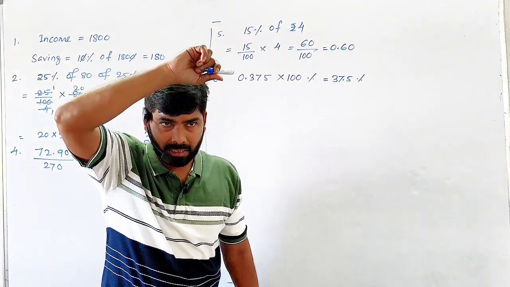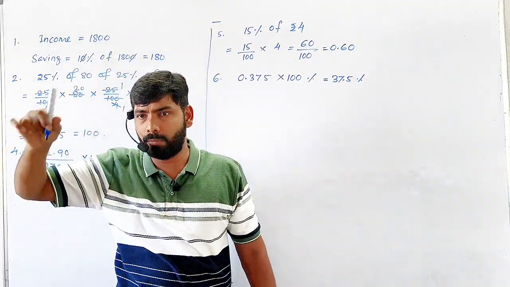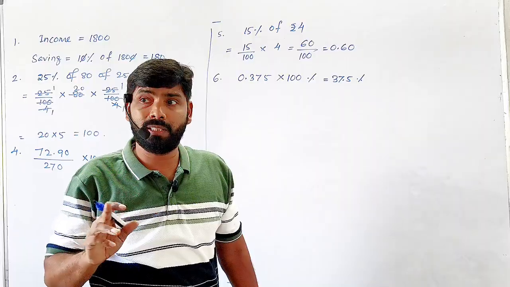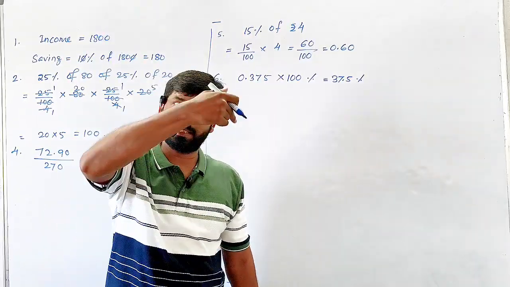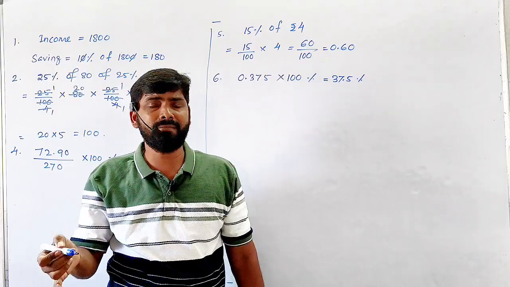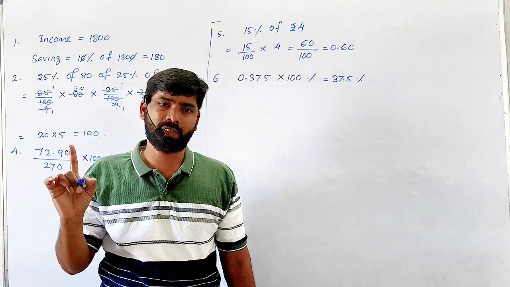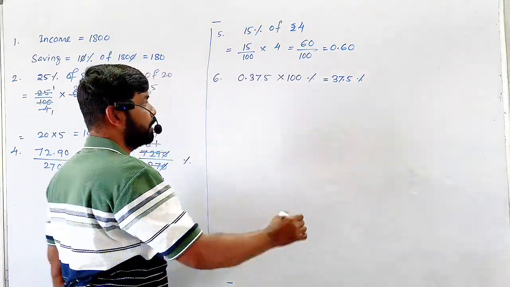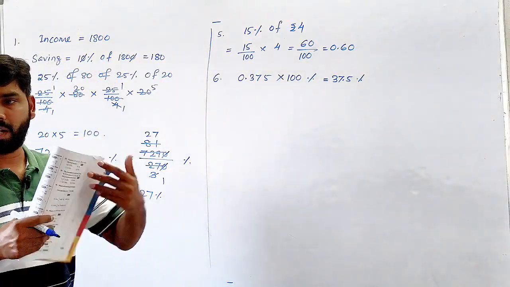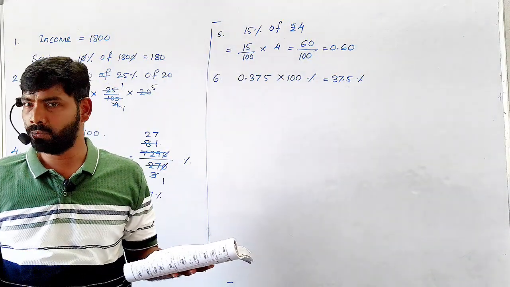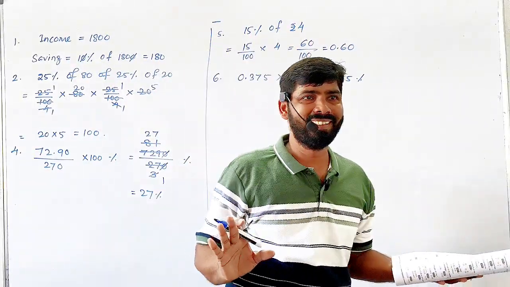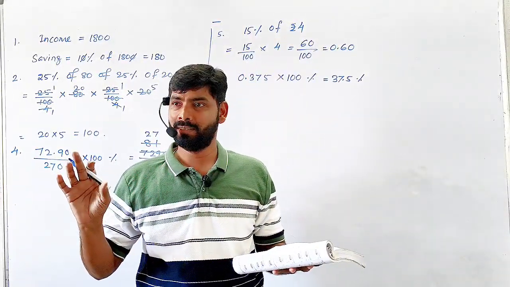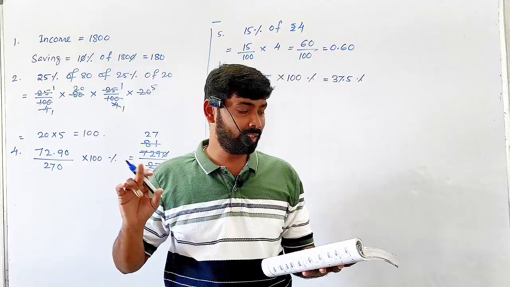Since multiplication is there, the decimal point will move towards the right. If division, divided by 1 with zeros, the decimal point will move towards the left. How many steps? That depends on the number of zeros. So your answer is 37.5%. Getting it, all of you? Easy or simple?